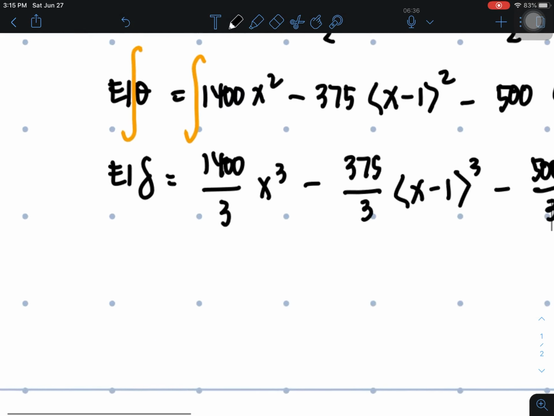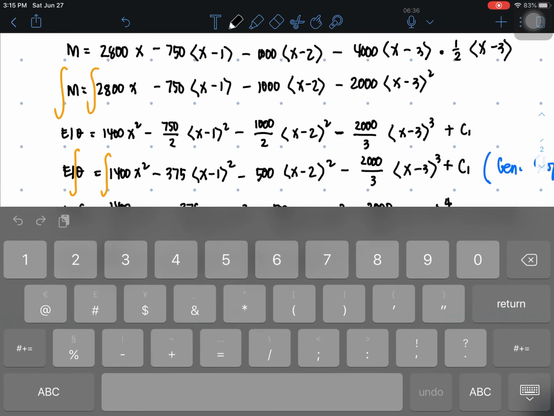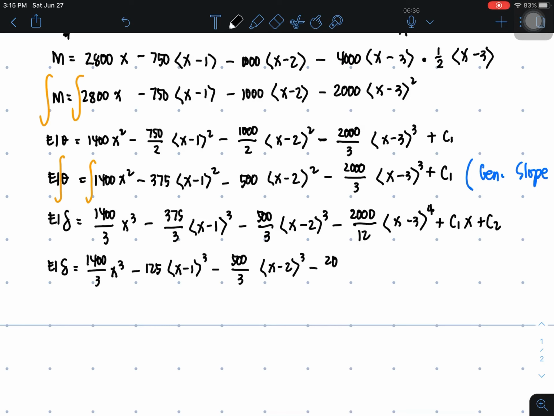So, let's simplify. We will have EI deflection equal to 1,400 over 3 x cubed, minus 125 times x minus 1 cubed, minus 500 over 3 times x minus 2 cubed, minus 2,000 over 12, then x minus 3 to the 4th, plus C1x plus C2.